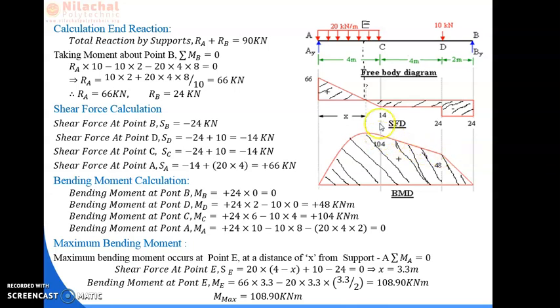Again from C to A there will be a curved line, because the value of the shear force is going to increase and suddenly it will decrease up to the A point. In this way the curve will be straightened at the C point.